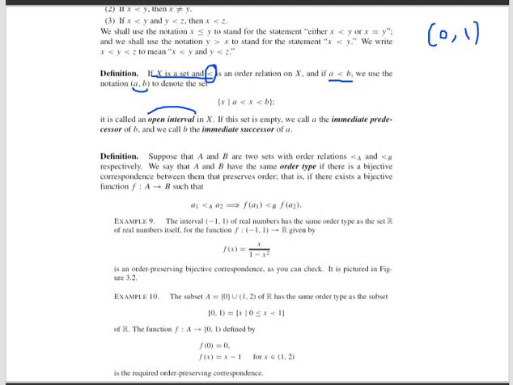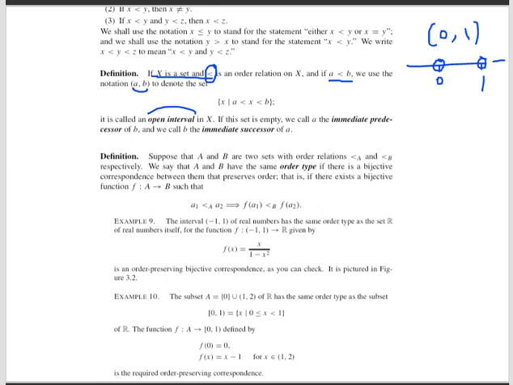Here 0, here 1. This is an open set in R. If this set is empty, we call A the immediate predecessor of B, and we call B the immediate successor of A. Okay, and we have order type, another definition.